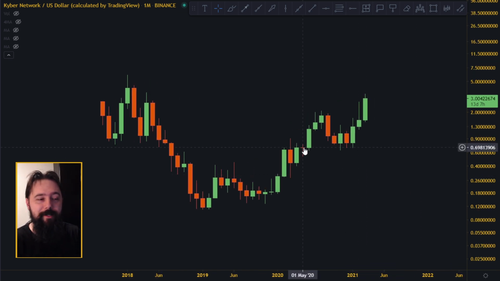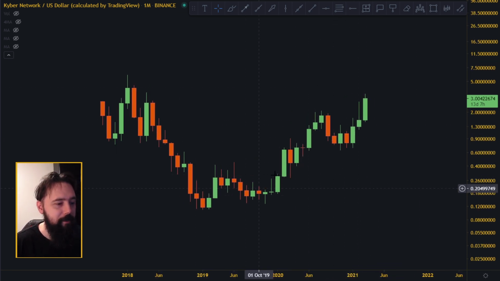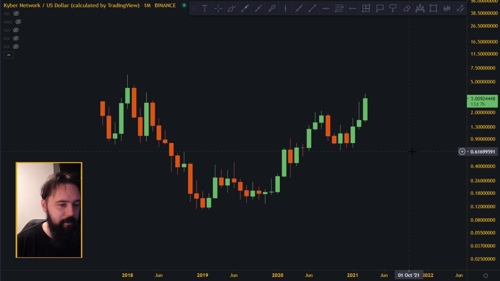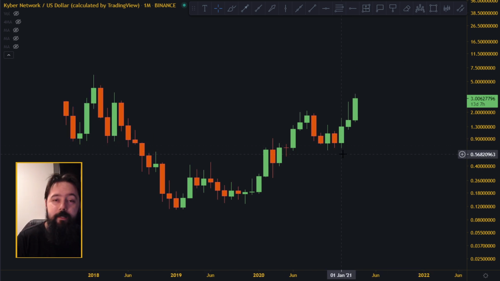And starts drawing some resistance. We can see here that it had a nice run up. Now this was some kind of sell-off and what do you call it? It's not maybe accumulation phase, but I sometimes on this channel lose the words.